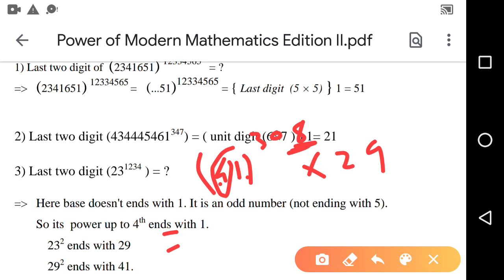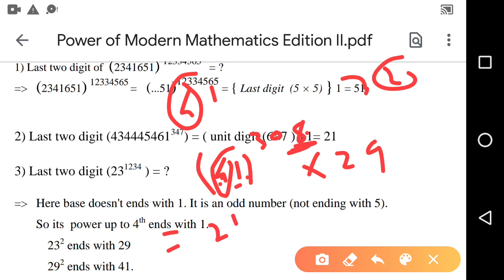So the tens digit in base 41 is nothing but 4, friends. 4 into 8 ends with 2. So write down 2 at the tens place and append 1 at the unit place. So this becomes 21, friends.